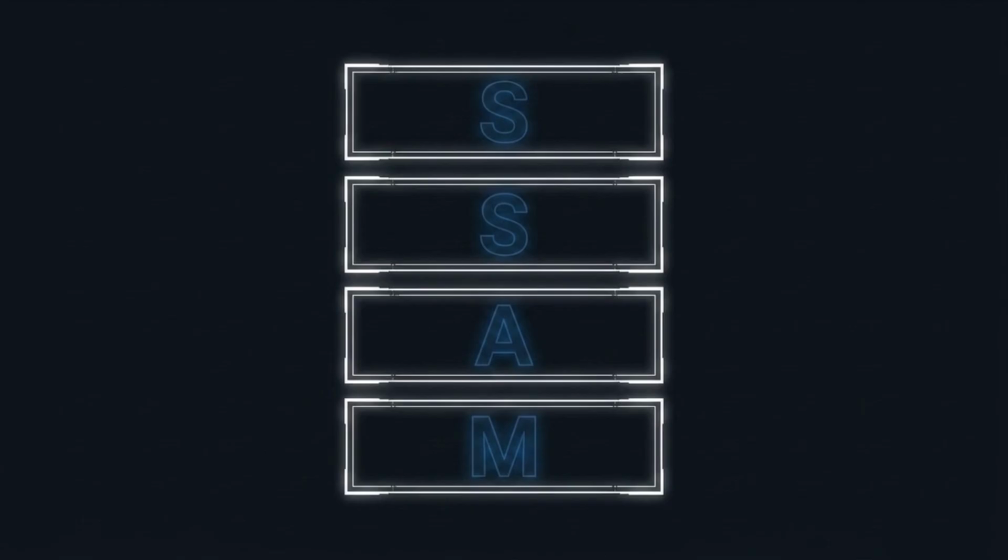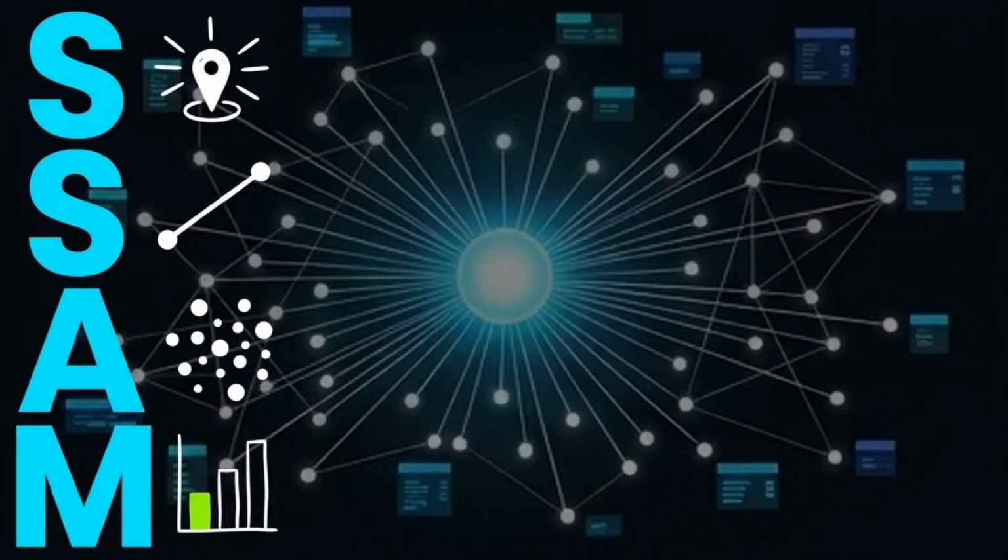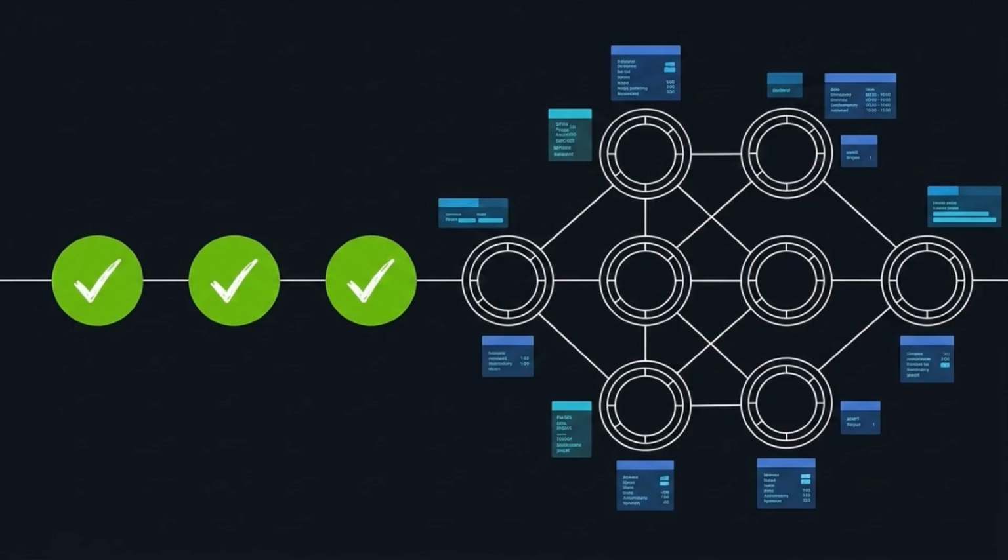A helpful memory trick to retain the exact parameters of Dijkstra's problem statement is the acronym SSAM. It requires one source to find the shortest path to all vertices by calculating the minimum distance. It relies entirely on greedy logic, meaning it permanently locks in decisions step by step and strictly requires non-negative edge weights to remain accurate.